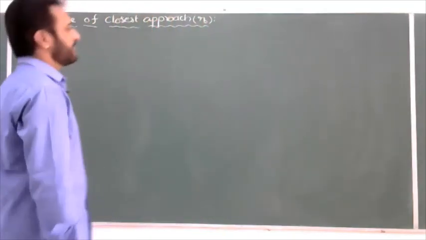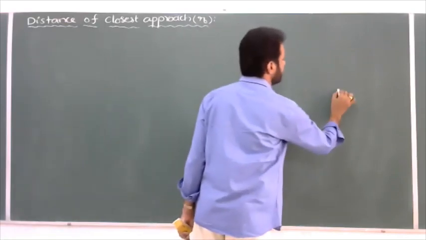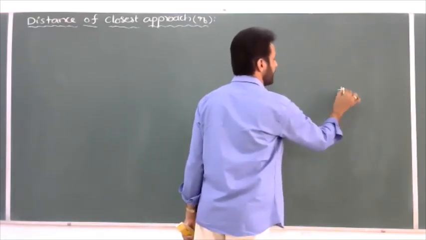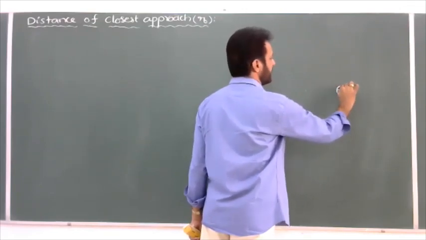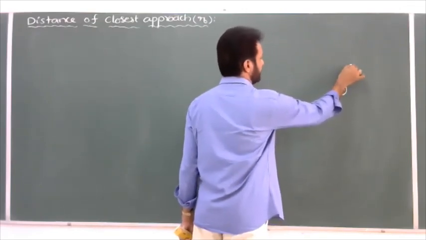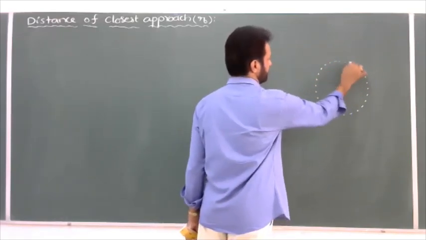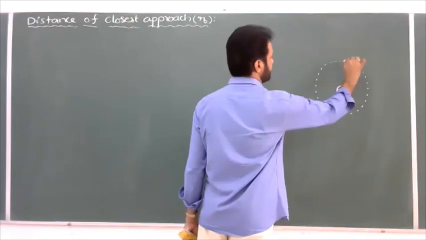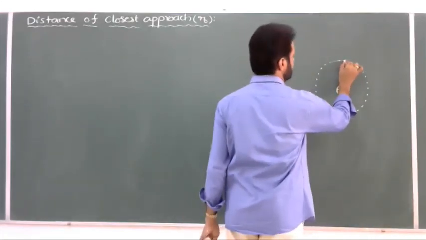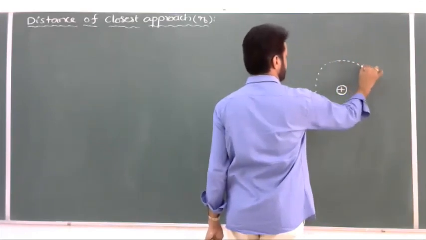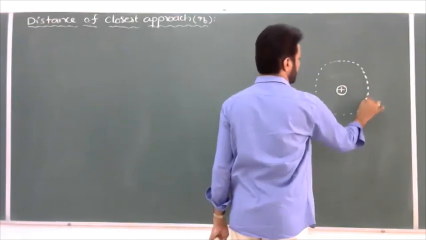What does the distance of closest approach mean? I'll select one atom, and the central part of the atom is called the nucleus. This dotted line represents the atom, and the central part is the nucleus.